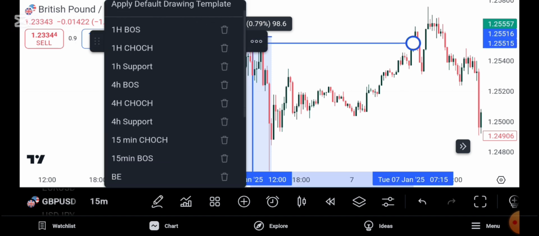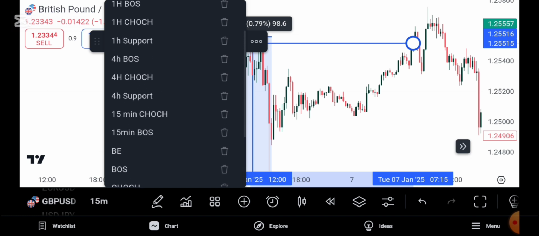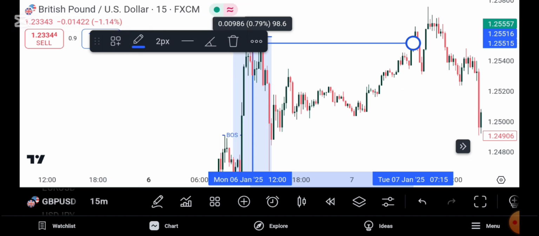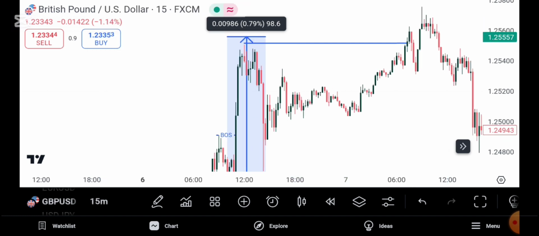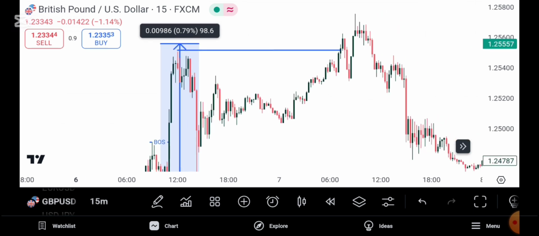That was another break of structure, 15 minutes break of structure, BOS. Now I want you to notice something.